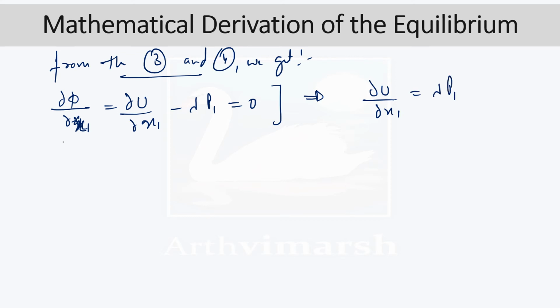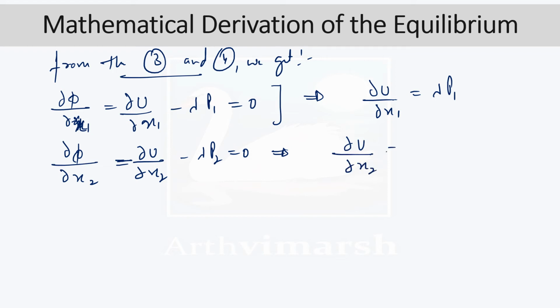Likewise, for the second differentiation, with respect to the second commodity, del u upon del x2 minus lambda p2 equal to 0, which we can write as del u upon del x2 equal to lambda p2. We are just transposing lambda to this side from the expression.